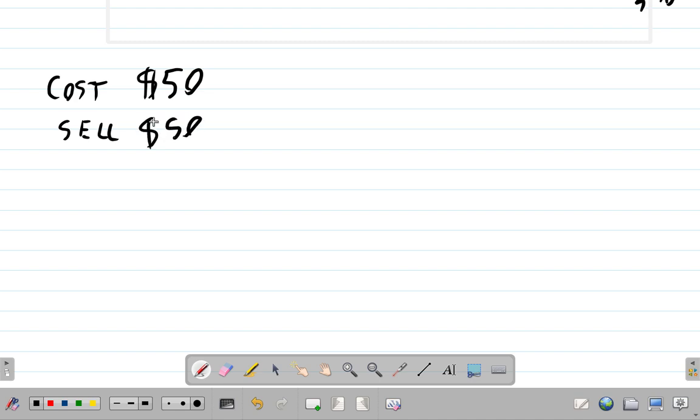Suppose you buy chocolates for $50 each. That is the cost price, the cost to you, the business person. And you sell them for $50 each. What would be your profit? Your profit here would be 50 minus 50 divided by 50.